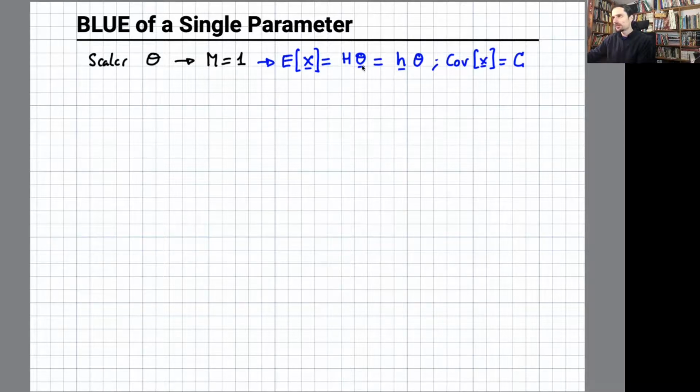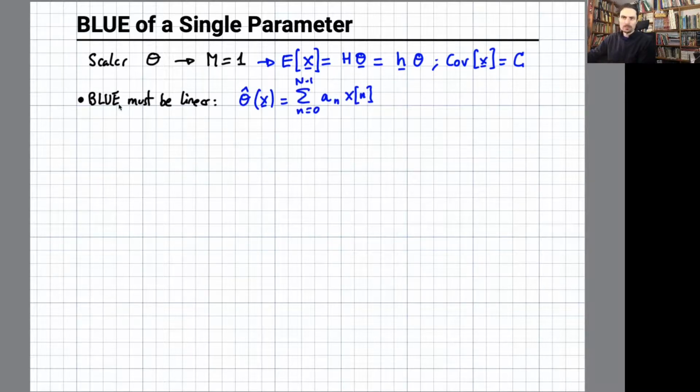The theta vector is a scalar, and just by matching dimensions, the matrix H must contain a single column, and therefore it's a column vector, and we denote it by a lowercase letter as usual. And this is the assumption on the covariance, okay?